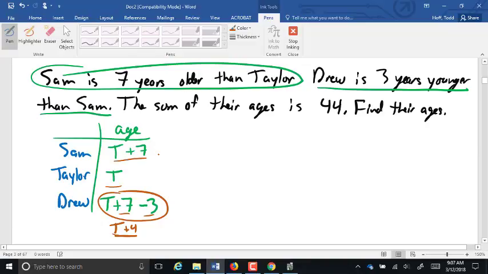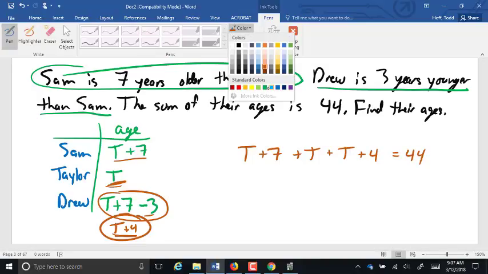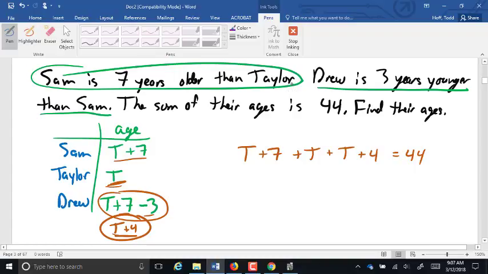So we go to combine these. They add up to 44. Sam's age, which is T plus 7, plus Taylor's age, which is T, plus Drew's age, which is T plus 4, adds up to 44. Then what do we do?